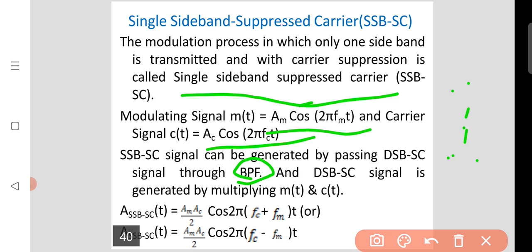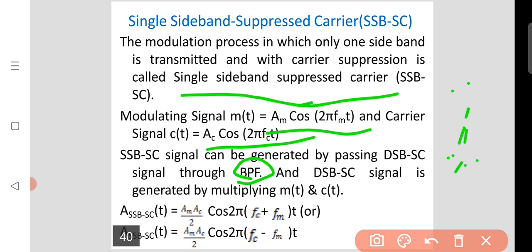If you tune the band pass filter for the upper sideband, the lower frequency band will be eliminated. If you want to send the lower sideband, the band pass filter automatically eliminates the upper sideband, because we tuned it to allow only a particular band of frequencies.